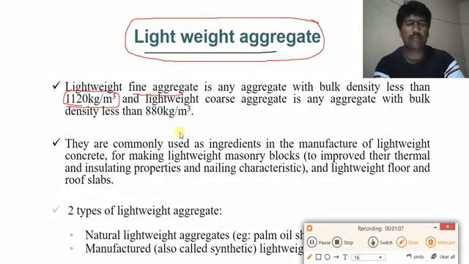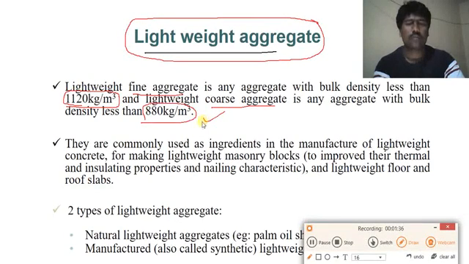Likewise, if you consider a coarse aggregate, lightweight coarse aggregate has a density less than 880 kg per meter cube. You can find that lightweight fine aggregates have more bulk density when compared to lightweight coarse aggregates.